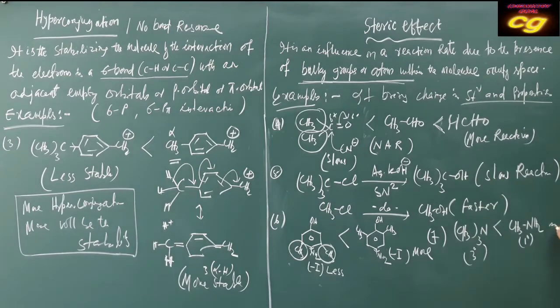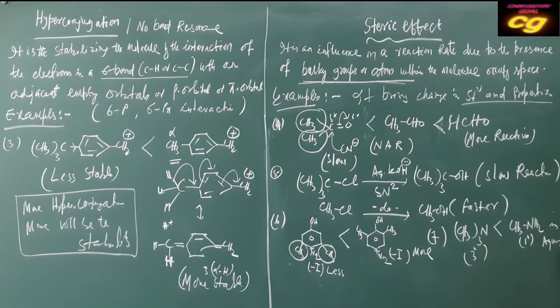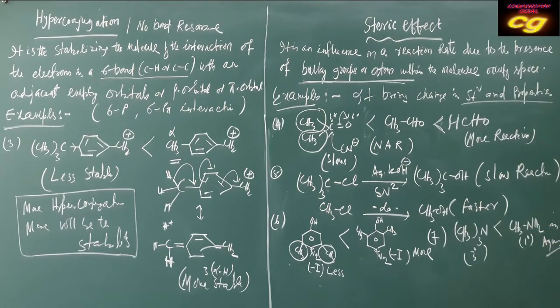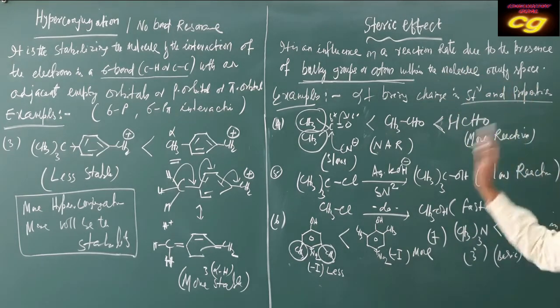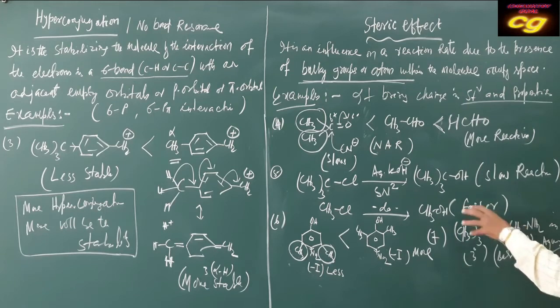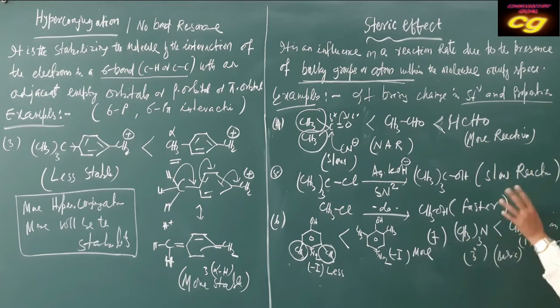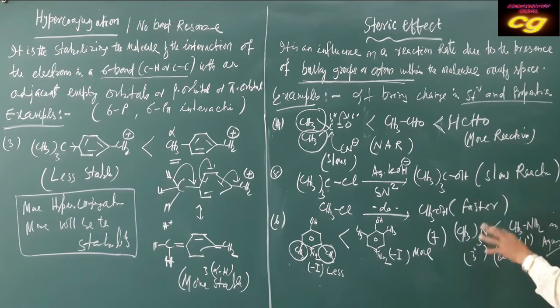In aqueous medium, the tertiary amine is less basic than methyl amine, the primary amine, because the 3 methyl groups undergo steric repulsion, steric hindrance around nitrogen. Due to the steric repulsion between the 3 methyl groups around nitrogen, they cannot supply electrons towards nitrogen. That's why the basic character of nitrogen is less.